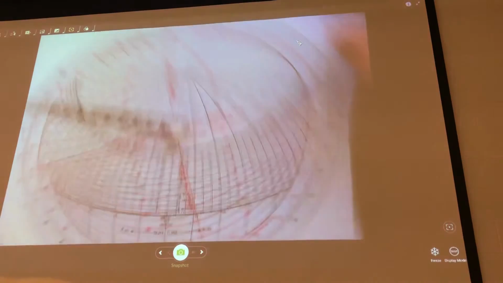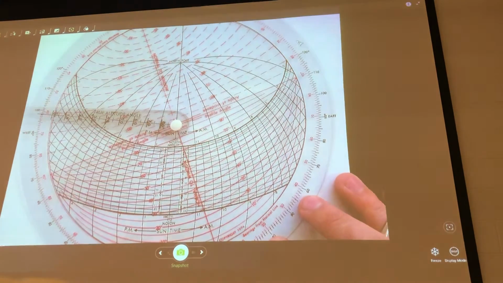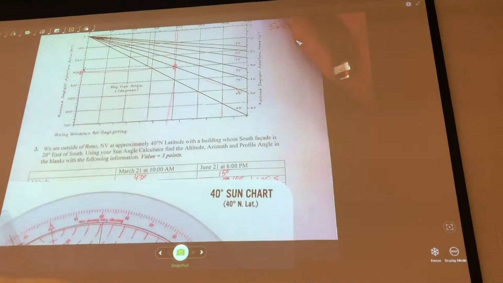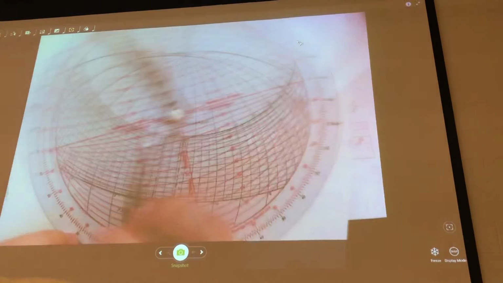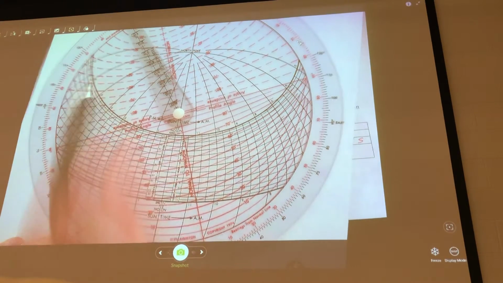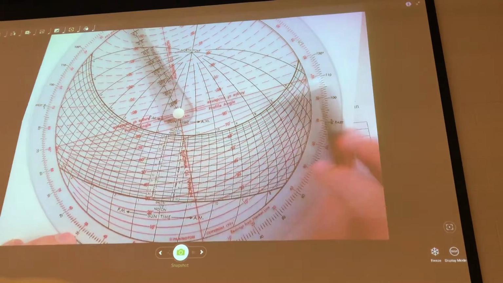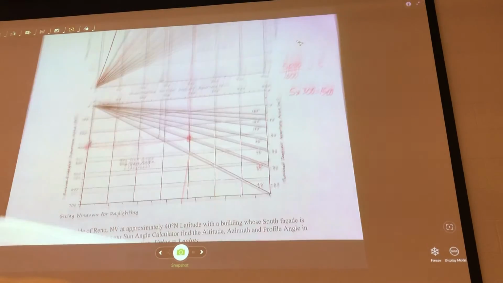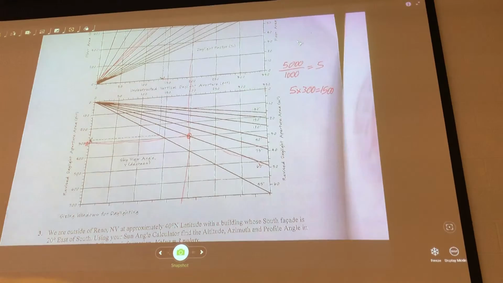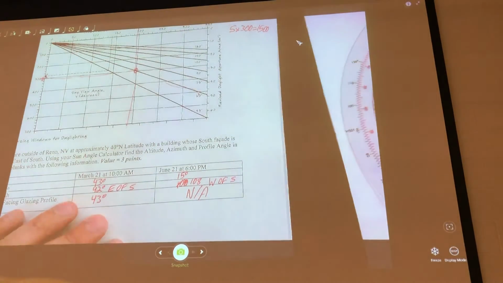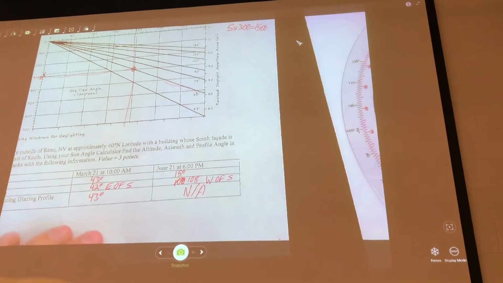And then how about our south facing profile angle? Well, if we look at, what was it, it was June 21st at 6. June 21st at 6 is way over here. We're well beyond that line of where our building is, so what does that mean? Do not put 0 because 0 is an angle.